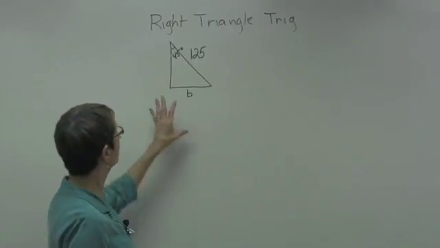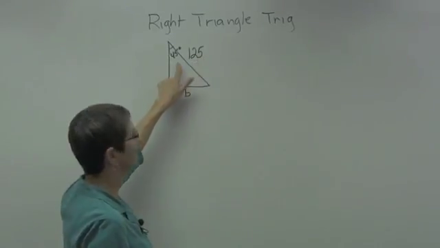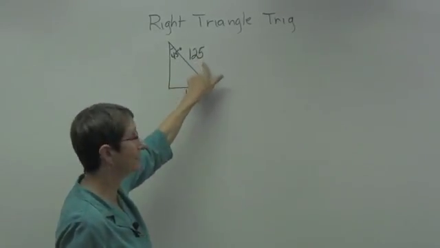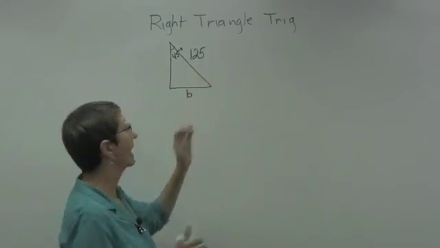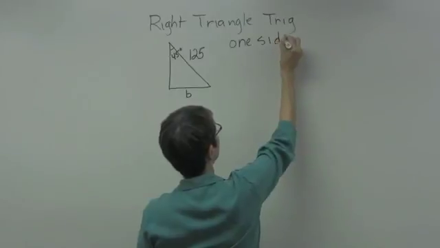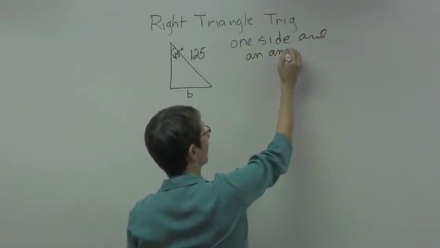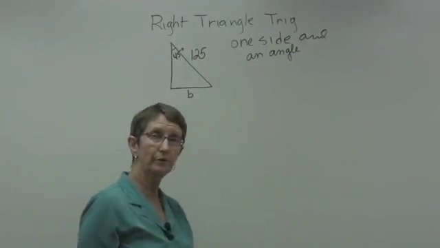So let's look at this problem. I'm given one side and an angle. The side happens to be the hypotenuse, it doesn't matter. I just need one side and an angle, and then I can do just the right triangle trig.